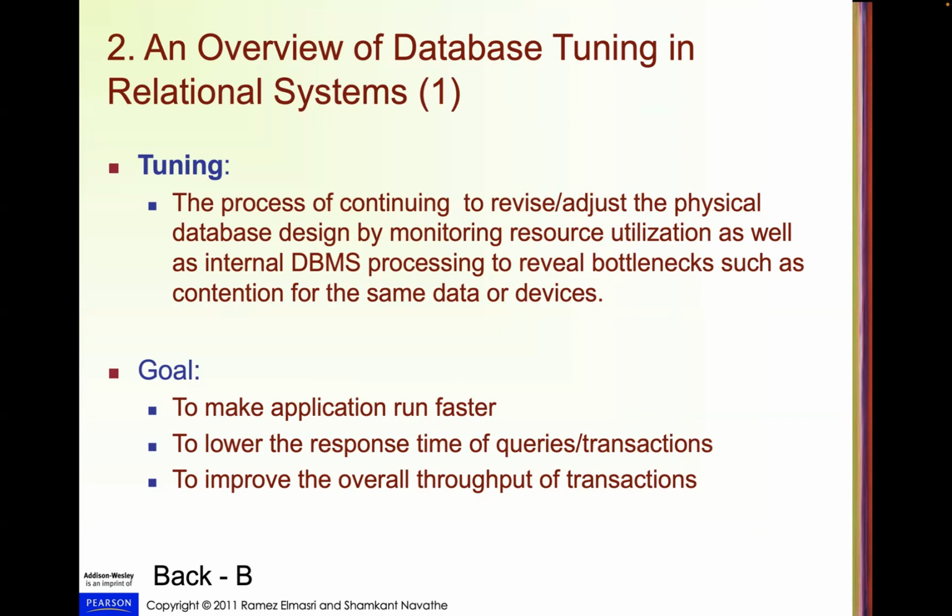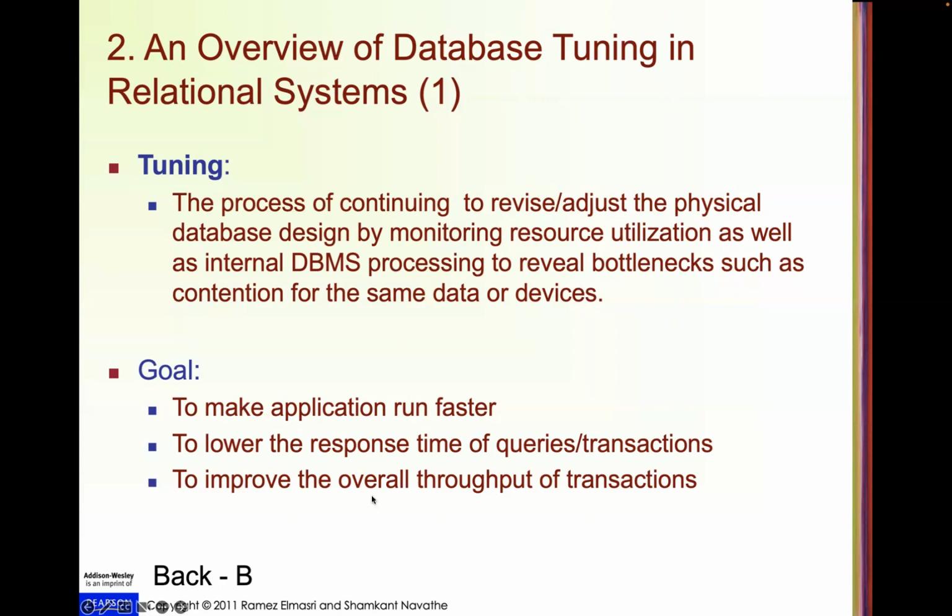What is the goal? Why do we monitor or keep an eye on the processing to free up the bottlenecks? The goal is to make the application run faster. This is the first goal. The second is to lower the response time of the queries and transactions, and to improve the overall throughput of the transactions.